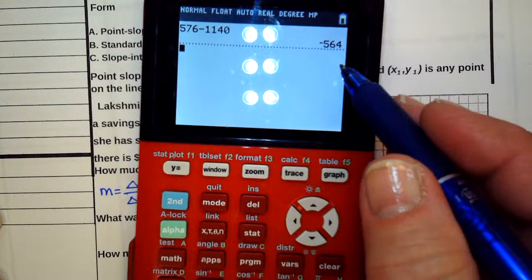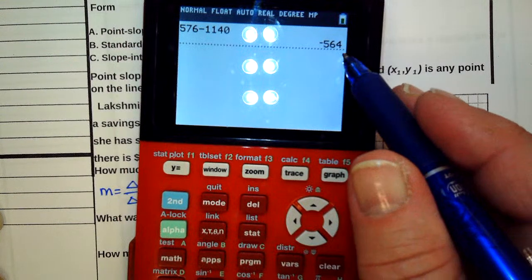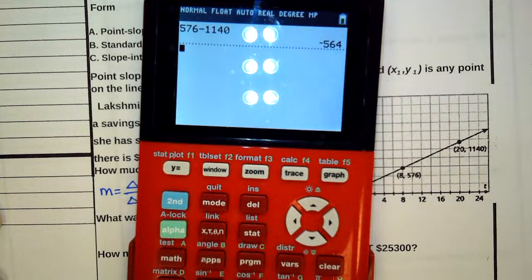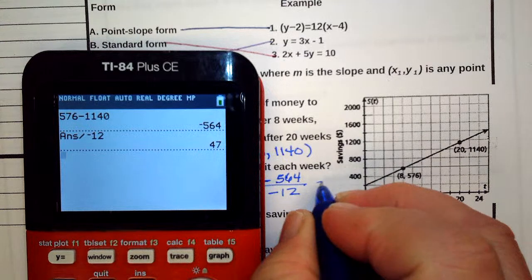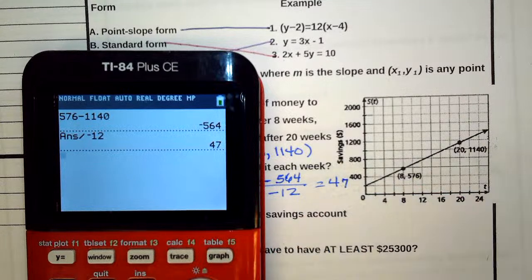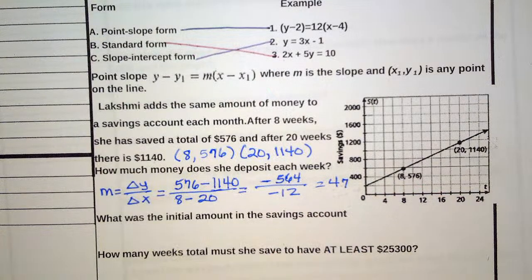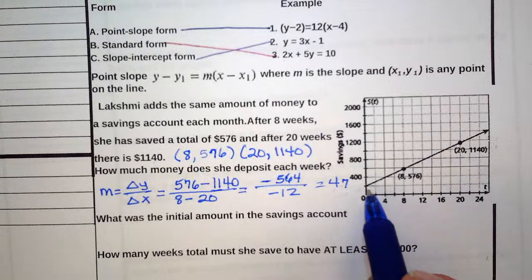So negative 564 divided by negative 12, and I get 47. What does that mean? That means each week she puts $47 in her savings account. So what was the initial amount? Well, it looks like she started at 200.